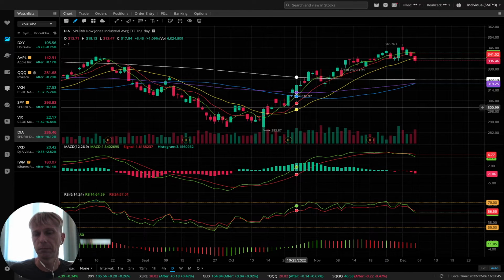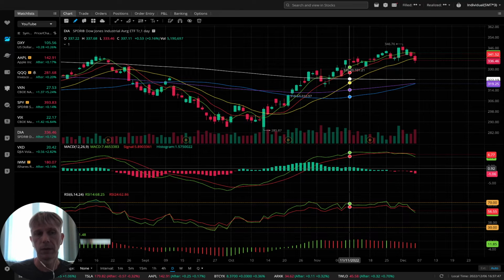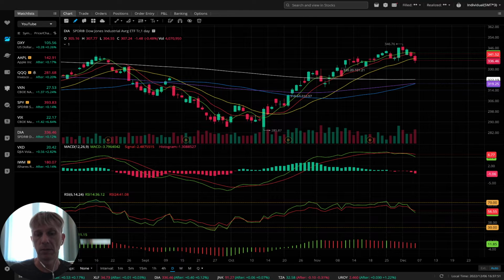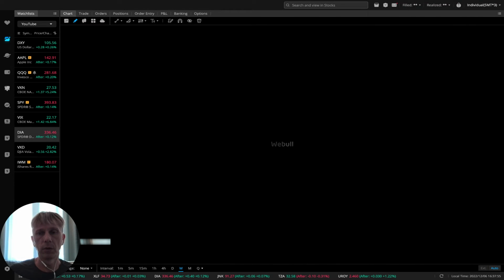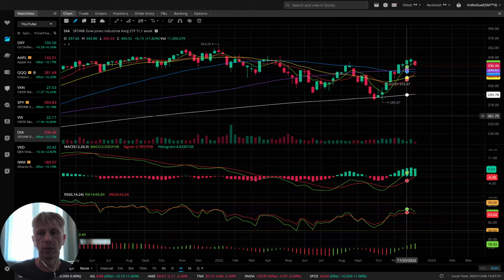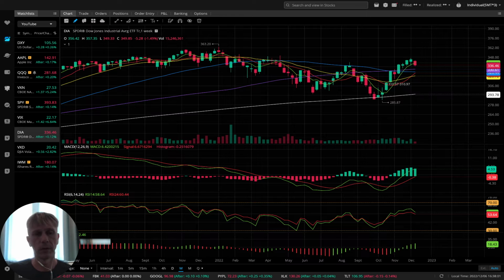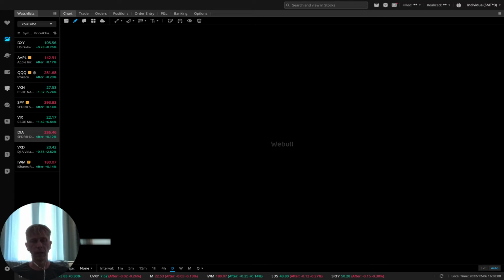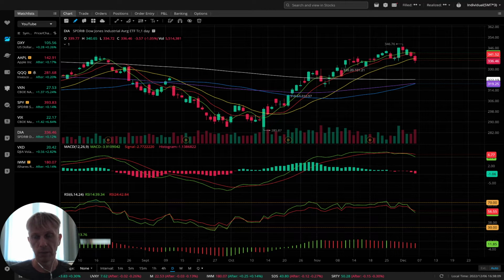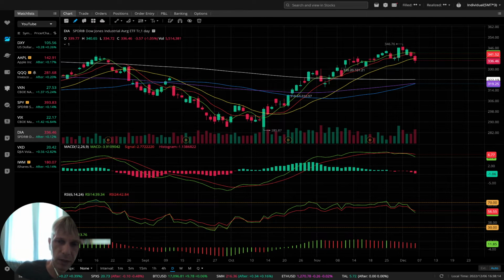Not yet. Because it's a bearish trend, but on weekly they're still bullish. And only on the short time frames, 1 hour, 4 hours, and daily, they are all bearish. Bearish trend, no question about it. It's a bearish trend right now.